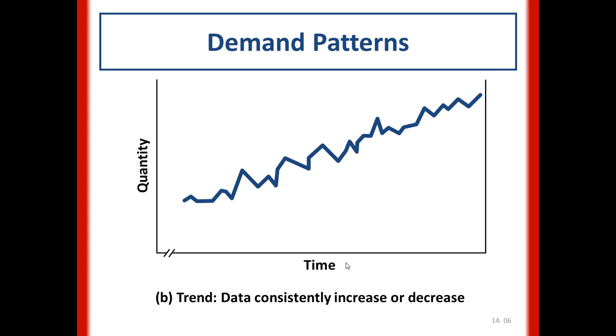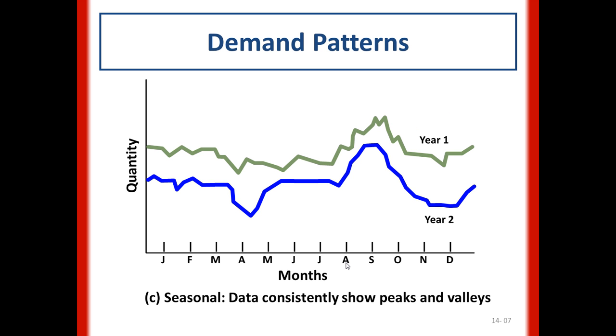When the demand is up or down gradually, we call it trend demand. When the demand is up and down during a period of 1 year, like this picture, we call this type of demand a seasonal pattern, which in this picture shows the demand is low during month April and high during September and October.